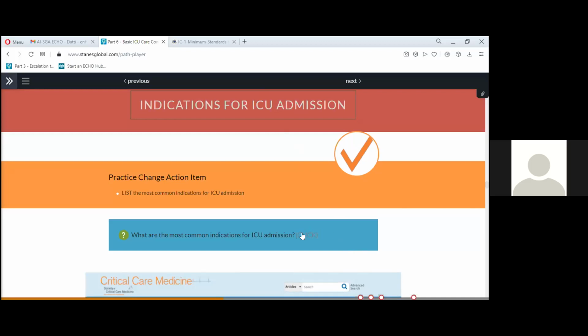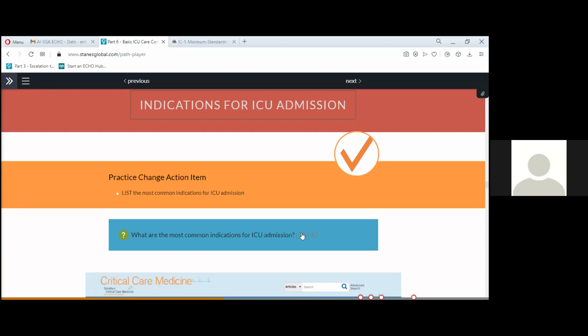All right, so indications for ICU admission. The practice change action item says, list the most common indications for ICU admission. What are the most common indications for ICU admissions? So we'll be waiting for responses.